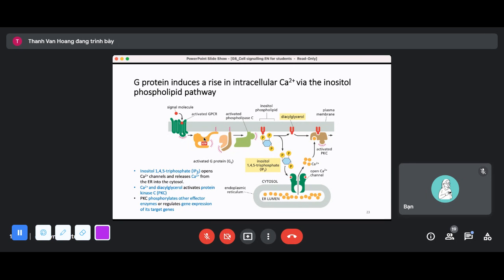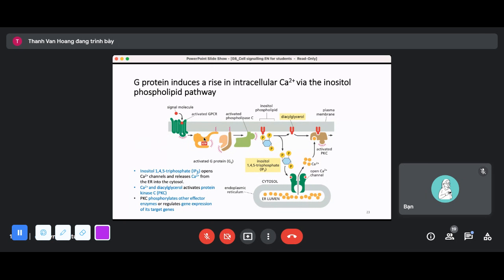Okay. Now we come to the second mechanism of how G protein induces a signal. Here you can see that G protein activates phospholipase C, which cuts inositol phospholipid into two secondary messenger molecules, diacylglycerol and IP3.